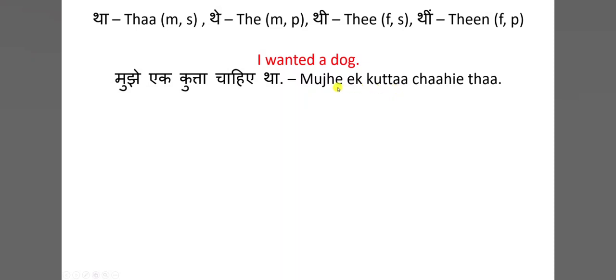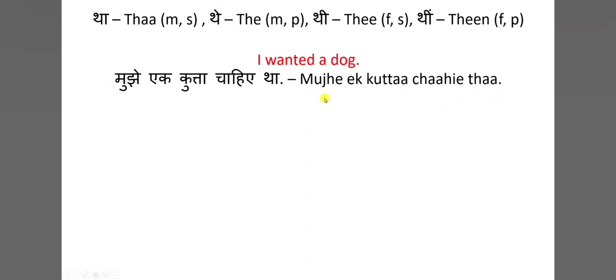Now, since this is indirect construction, tha, the, thi and thi depends on the object of the English sentence. Here, in this case, a dog. And since a dog is singular and dog is masculine, we have selected tha as the verb here.